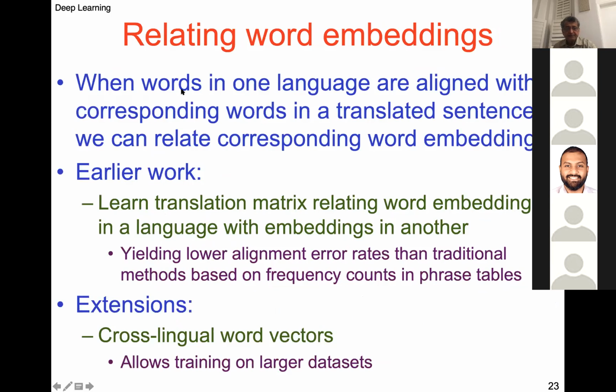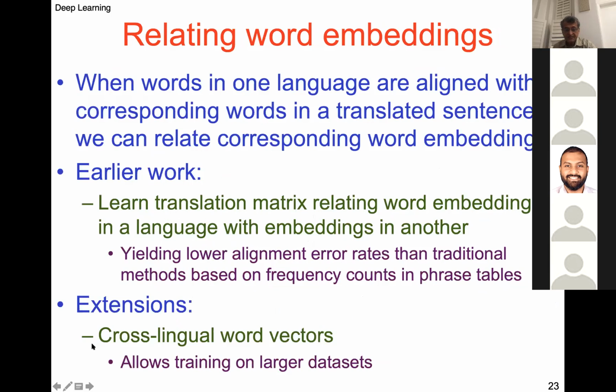And relating word embeddings. When words in one language are aligned with corresponding words in a translated sentence, we can relate corresponding word embeddings. So in the early work, learn a translation matrix relating word embeddings in one language with word embeddings in another, yielding lower alignment error.